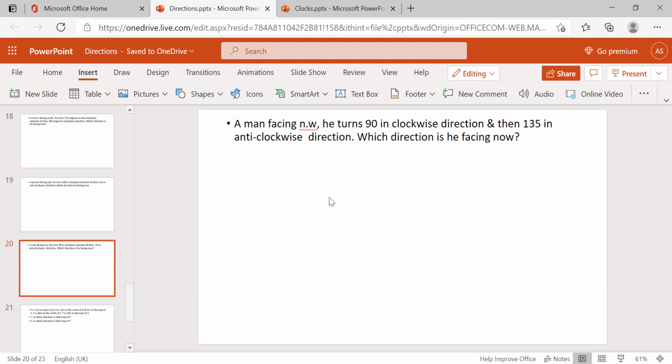This one is northwest, anti-clockwise. So which direction is he facing now? What is the answer without a diagram? West. Super.